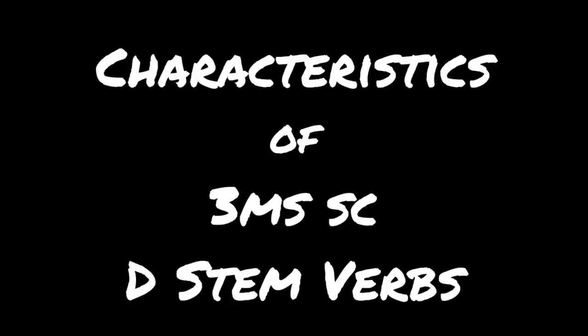All right, let's get to it. So what are the characteristics of D stem verbs in Biblical Aramaic? Well, the first thing is that we are going to see an A-I vowel pattern. That is to say, an A-class, I-class vowel pattern. Sometimes that A-class vowel might be a long vowel or a short vowel, but the paradigmatic form is the short A vowel. We should expect a patach, but in certain word environments, we are going to end up with a kamatz.